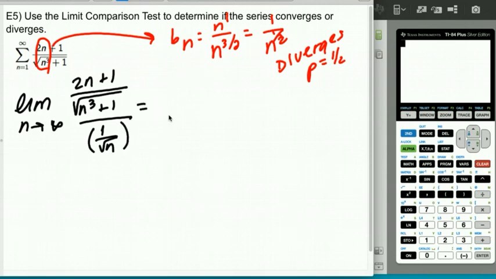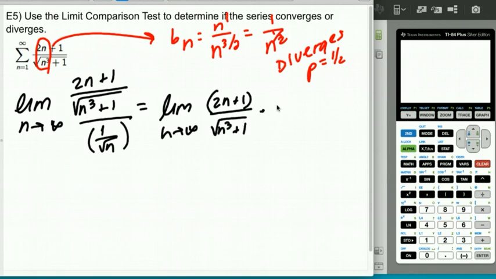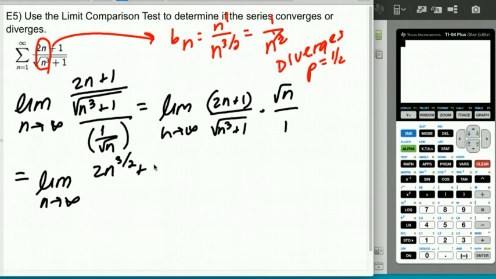So this is going to end up being the limit as n approaches infinity of 2n plus 1 over the square root of n cubed plus 1, times the square root of n over 1. If you clean this up, and again, it really doesn't matter how you do it, I'm going to end up getting 2n to the 3 halves plus n to the 1 half on top, and on the bottom I have the square root of n cubed plus 1.